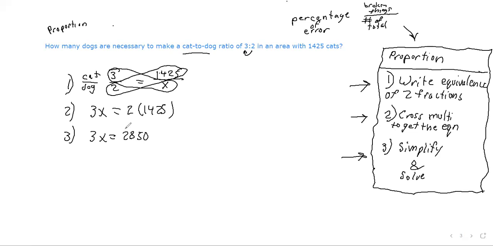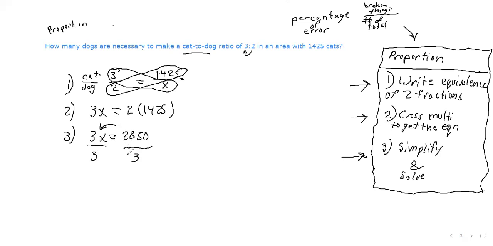Remember the rules for solving. We look at the variable side of the equal sign. Whatever math operation happens on a variable, we do the opposite of it. We're multiplying by 3, so we're going to do the opposite and divide by 3. And we know how the equal sign works. Whatever operation we do on one side of the equal sign, we must do the identical operation on the other side.